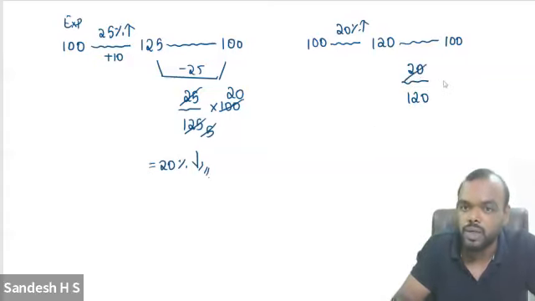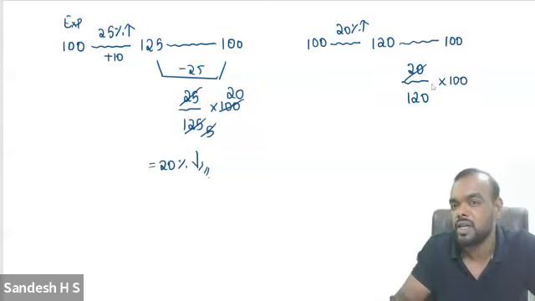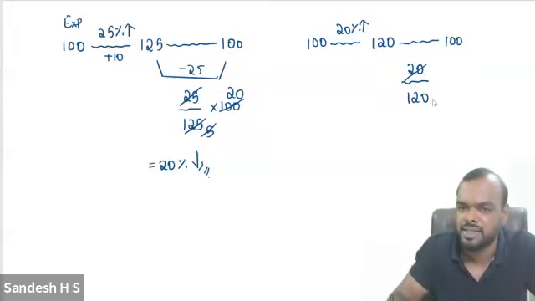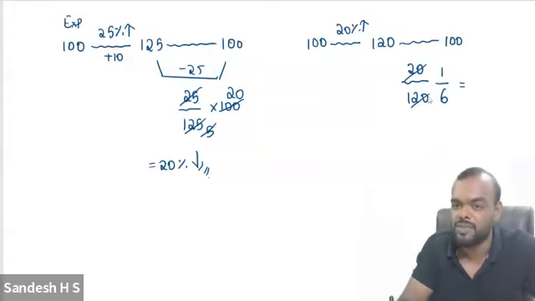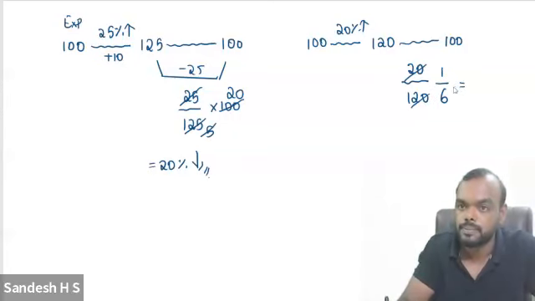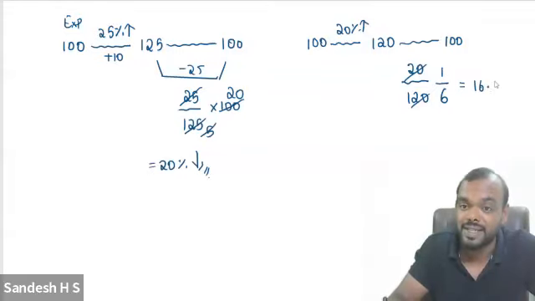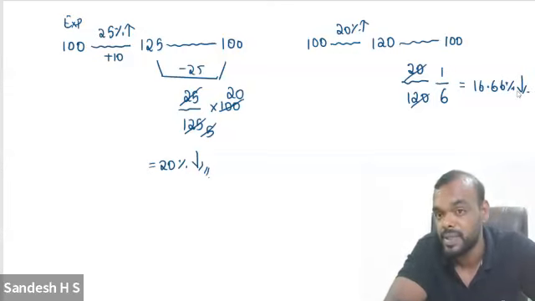To convert it into percentage, multiply into 100, or you must know the fraction percentage relationship. 1 by 6. What is 1 by 6 value, guys? Yesterday I taught you. 16.66%. 1 by 6 value is 16.66%.